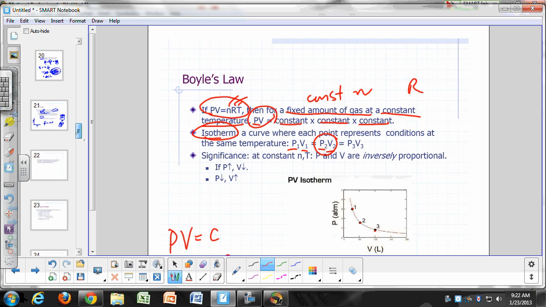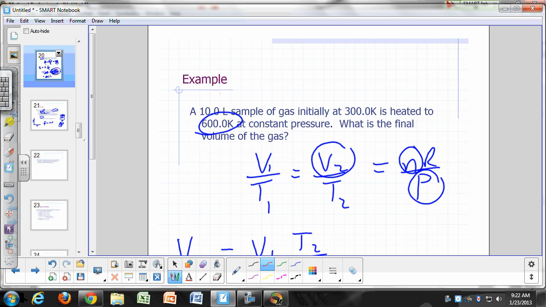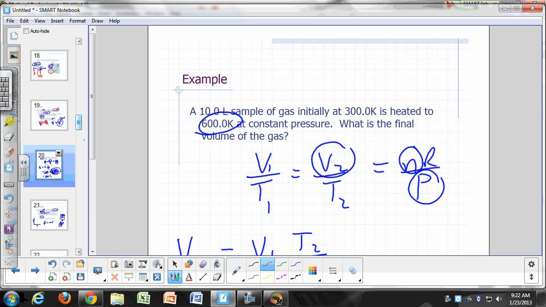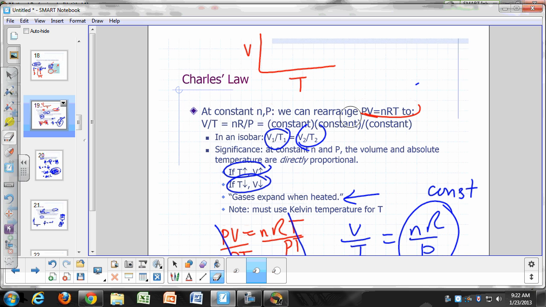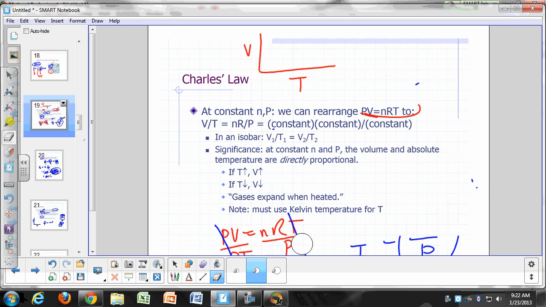Now what about same pressure? We didn't plot one for Charles's law. What would the plot of volume versus temperature look like for Charles's law? Let's mention that.